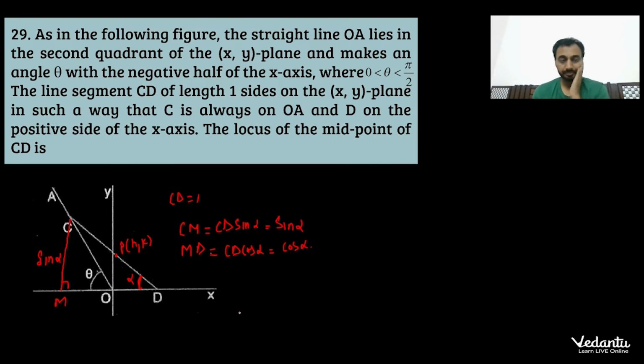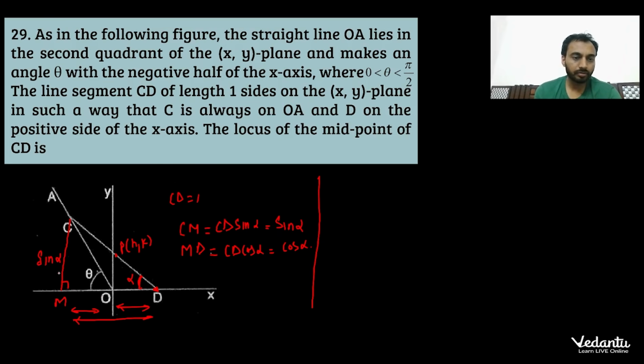Now, as P is the midpoint of C and D, let's find the coordinates of C and D in terms of alpha. To find the coordinate of D, we need this distance. Right now we have the length MD. If we somehow get the length MO, then we can define OD.